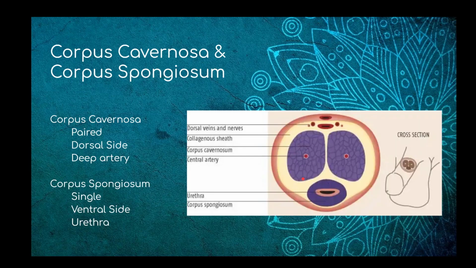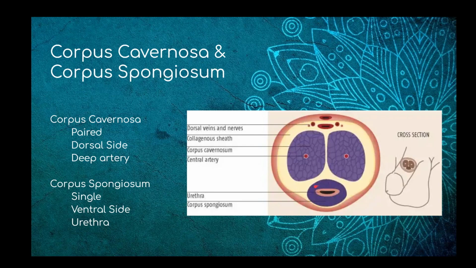Here's another cross-section picture of the penis. Again, we can see that the cavernosa are more on the dorsal side, the up side of the penis, where the spongiosum is on the ventral side. I think this looks like a little face, a little alien. We have the cavernosa on either side, and a central artery that runs through the middle of each of them.